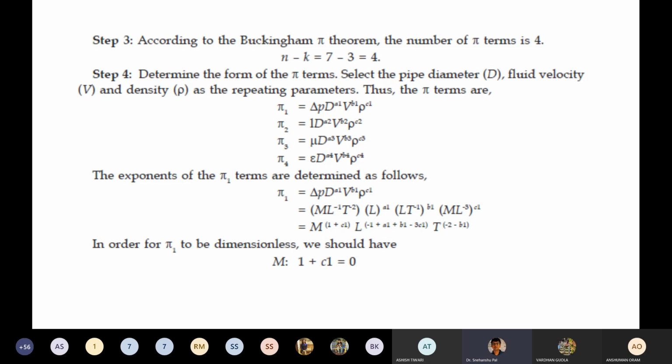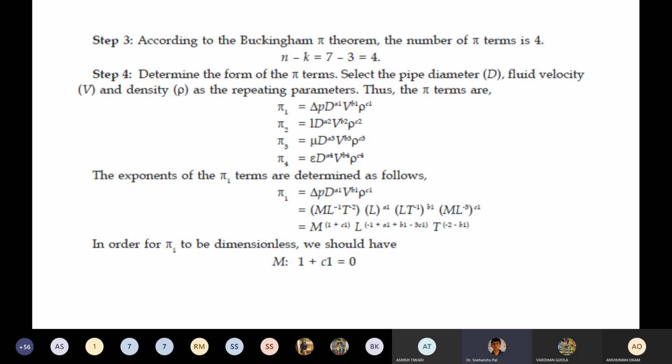We already said that you have to find the repeating parameters, and we want to reduce the repetitions. So we take diameter, velocity and density as the repeating parameters, which involve all the dimensions to some extent.